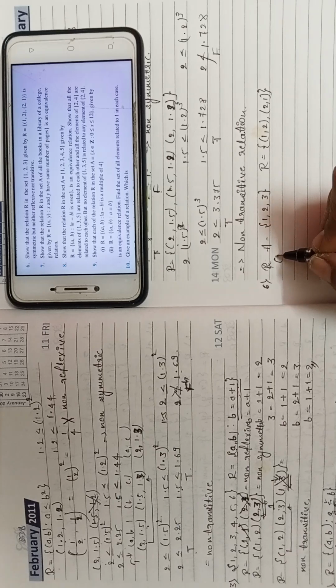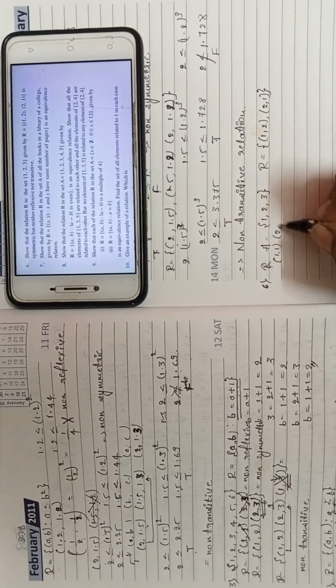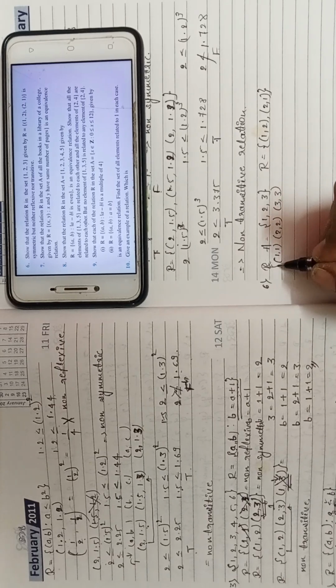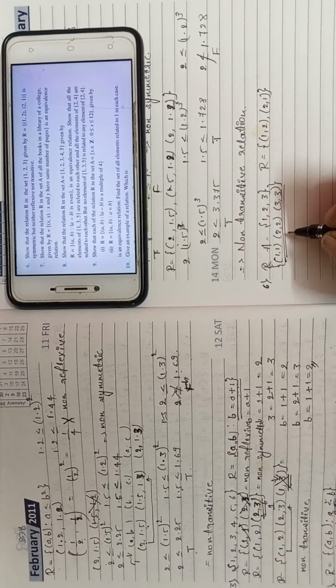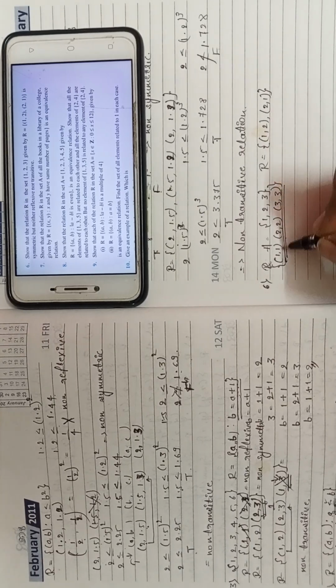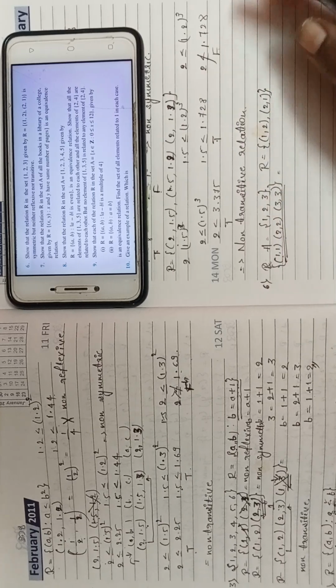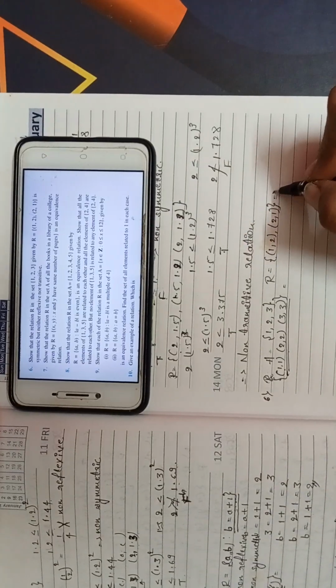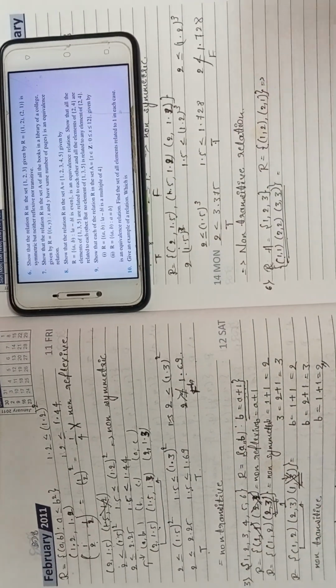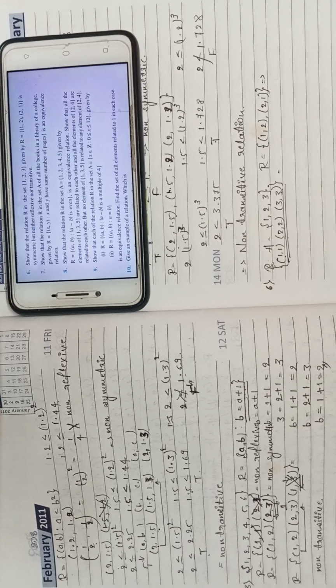Reflexive means I have to get (1, 1), (2, 2) and (3, 3). So all these three elements are not there in this relation. So if all these three are not there, then we can call this relation as not reflexive.